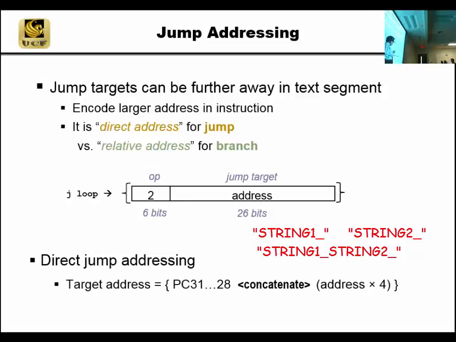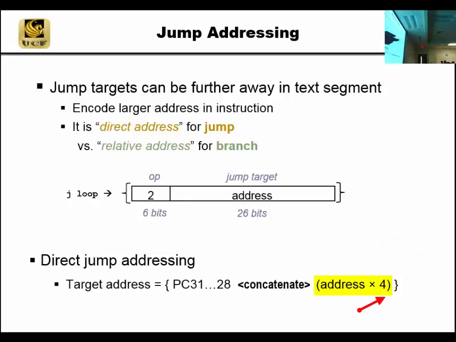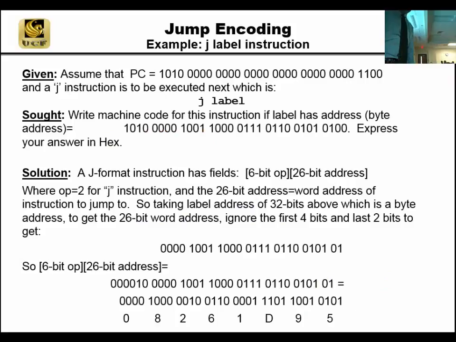So I concatenate bits 31 through 28 inclusive with whatever the address field was, called jump target on the reference sheet, times 4 because I've shifted it to the left 2 bits.